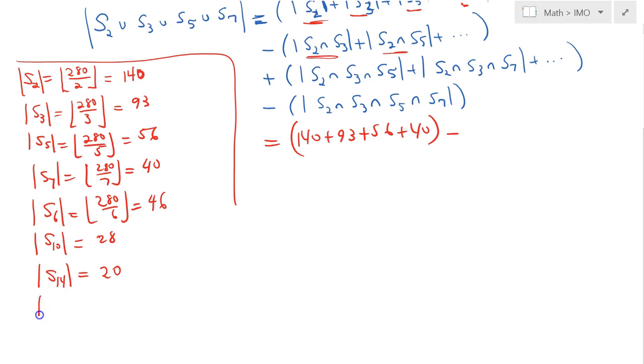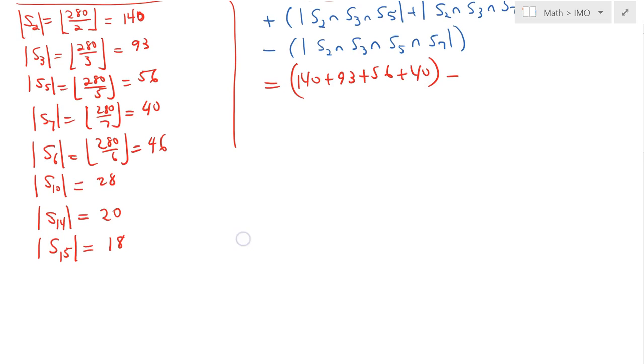So far we did the 2's. The 3's would be 15, I guess. S sub 15 would be 18, I think it should be 18. And then S sub 21, that one would be 13, I guess, right?